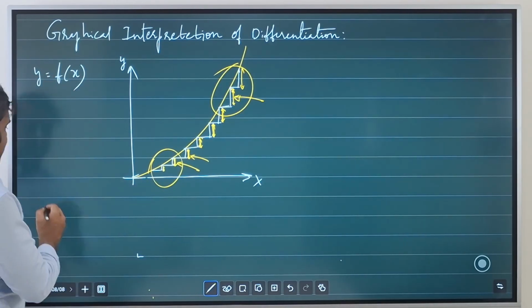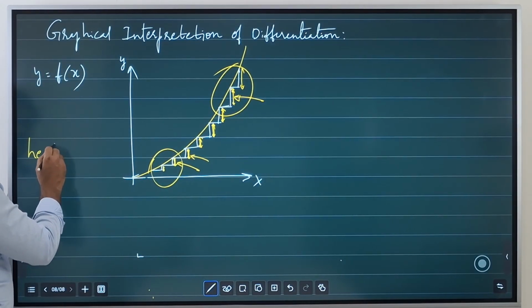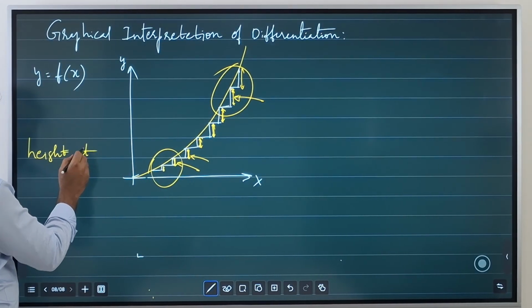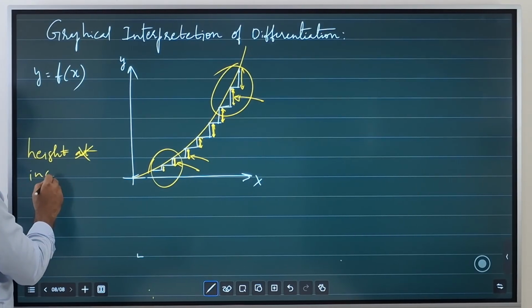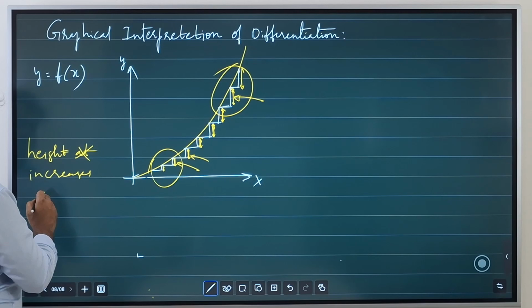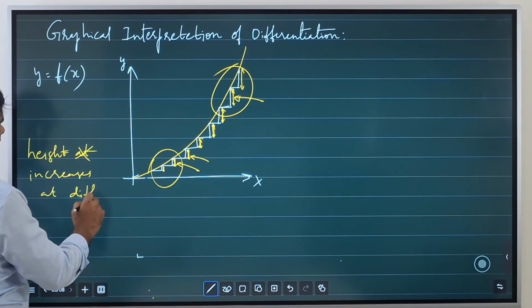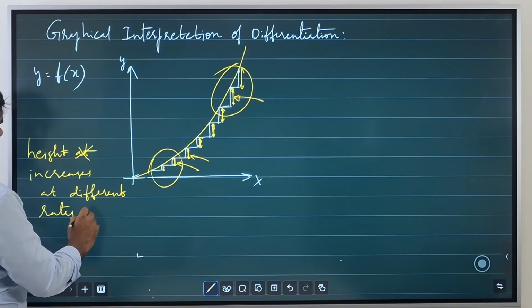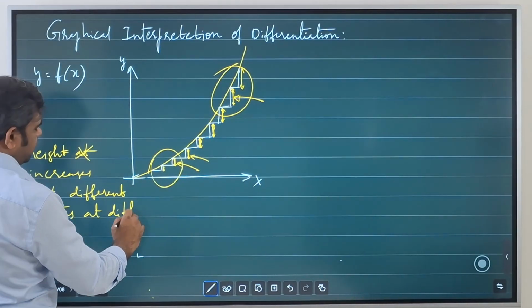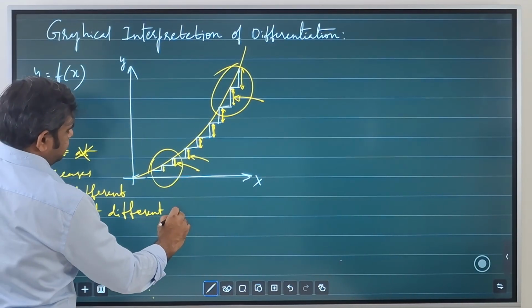So here, height increases at different rates at different values of x.